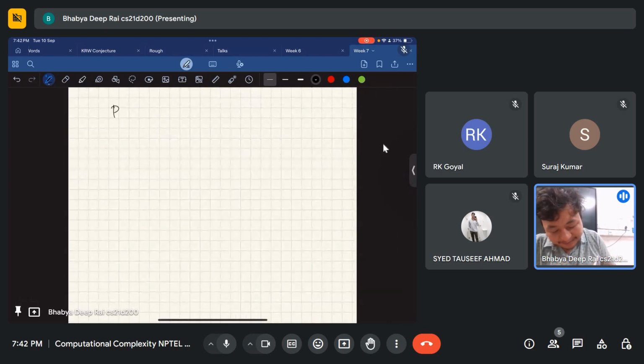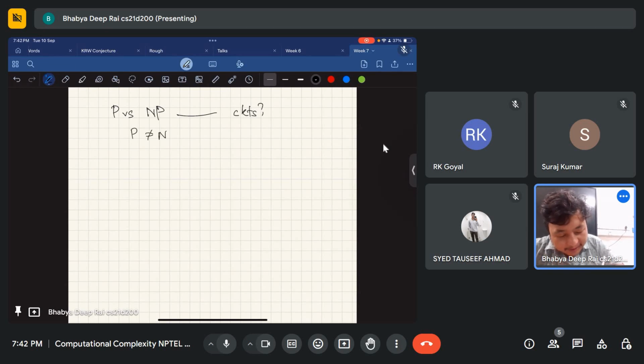So the final points, right? The P versus NP problem. Can we tackle it using circuits? Can you prove that P is not equal to NP via circuits? Or can you prove that P is equal to NP via circuits?